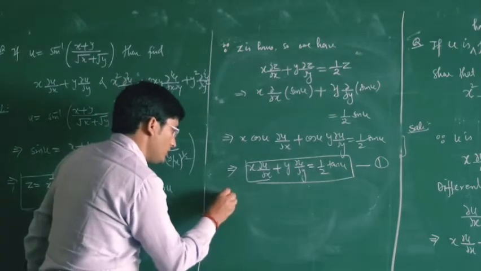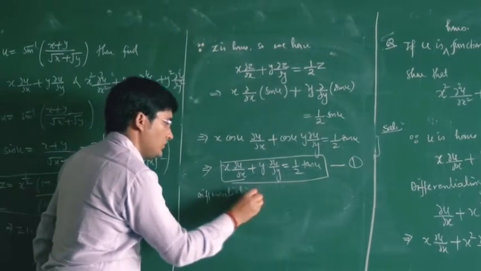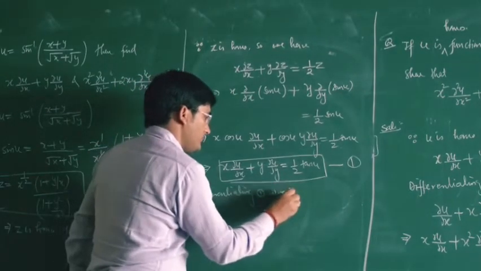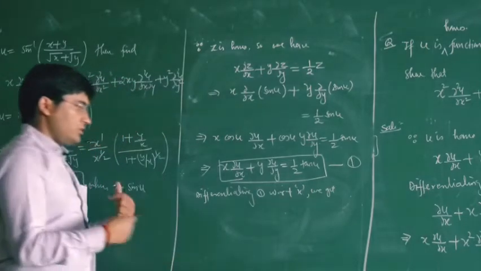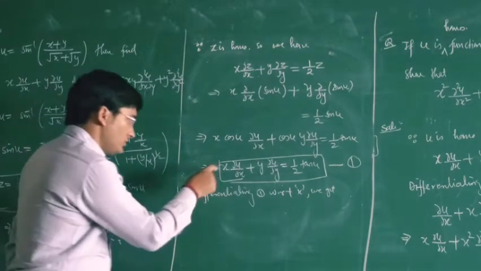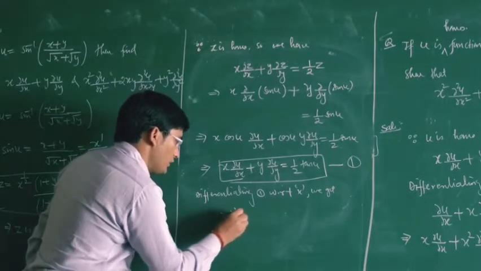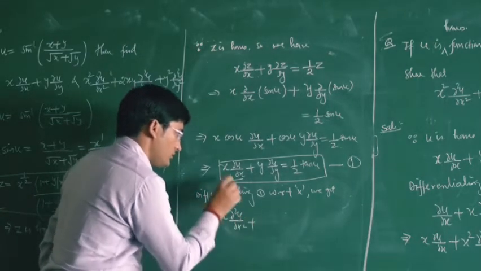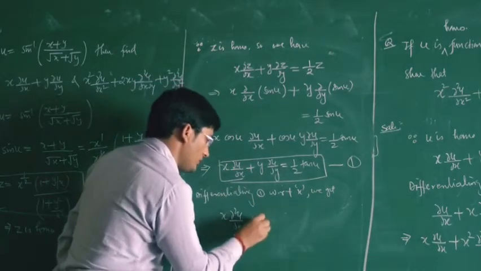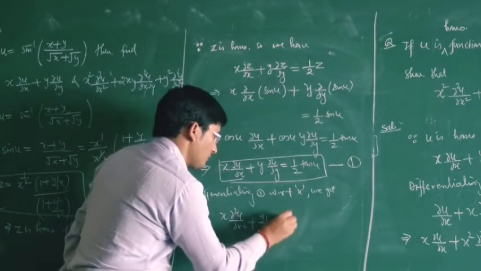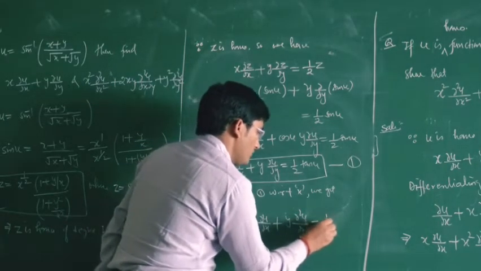Differentiating with respect to x, where differentiation means partial differentiation, we get x into del squared u upon del x squared plus del u upon del x, since the differentiation of x will be 1, plus y del squared u upon del x del y, and it is equal to 1 by 2.